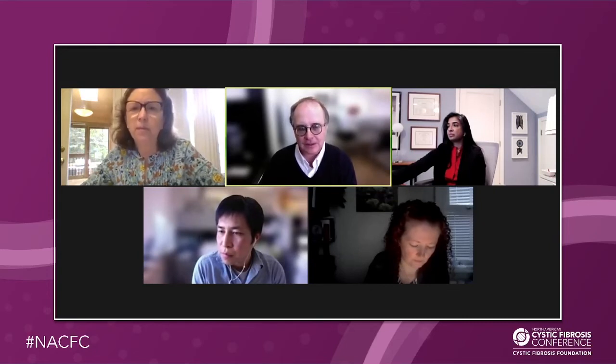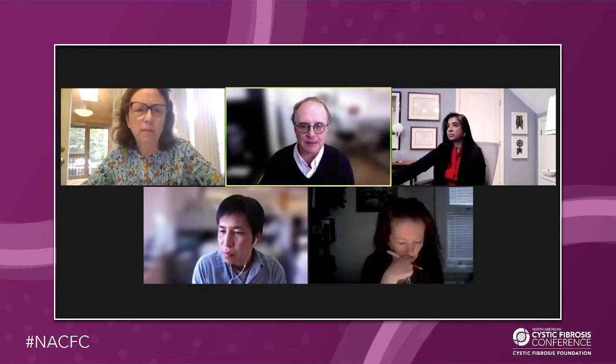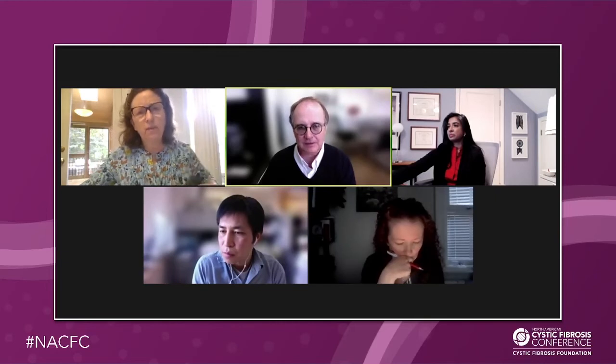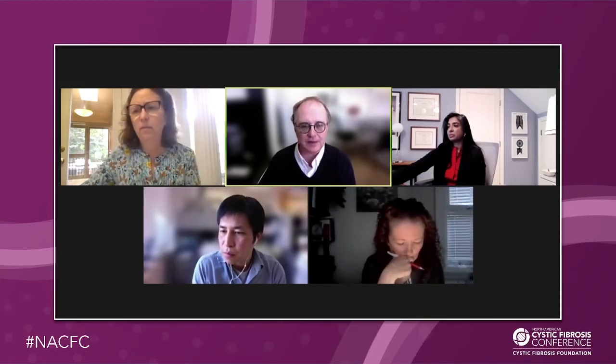They have been shown in other diseases, including cardiovascular diseases. A lot of the effects are not necessarily only related to the antihypertensive effects, but to their anti-inflammatory effects. So they could subdue some of the inflammatory effects that we see in CF as well.